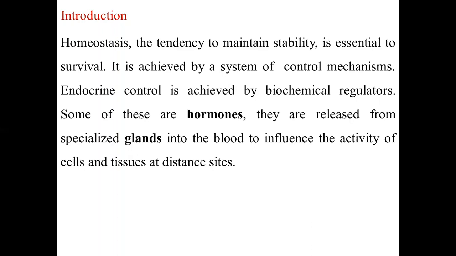Homeostasis is the tendency to maintain stability, which is essential to survival. It is achieved by a system of control mechanisms. Endocrine control is achieved by biochemical regulators, some of which are hormones. They are released from specialized glands into the blood to influence the activity of cells and tissues at a distant site.